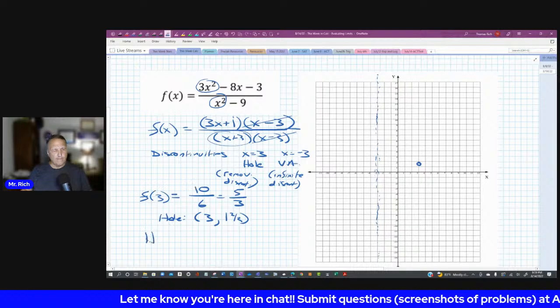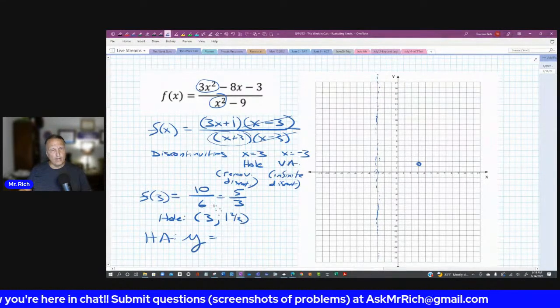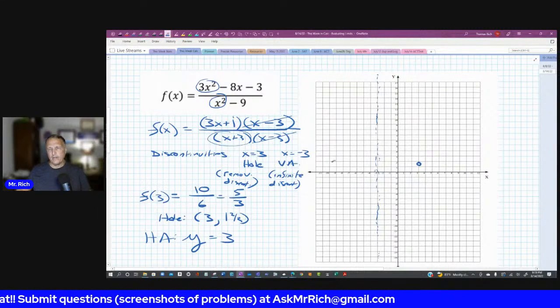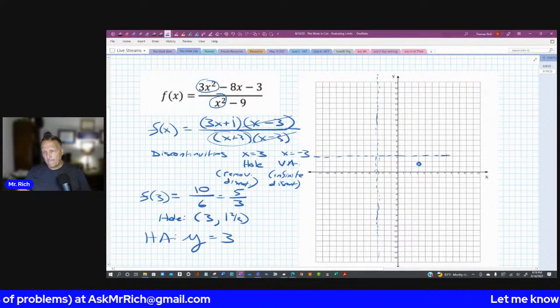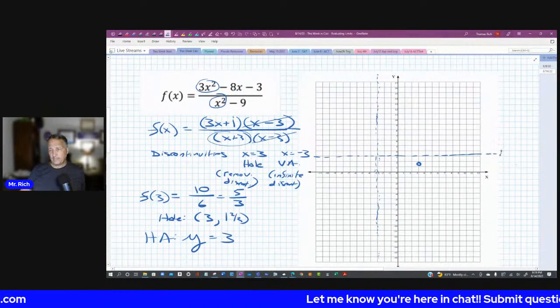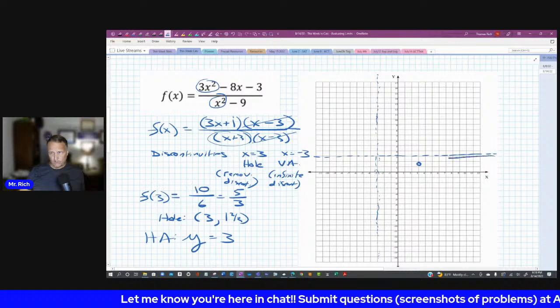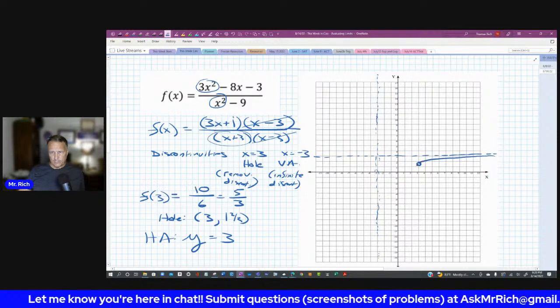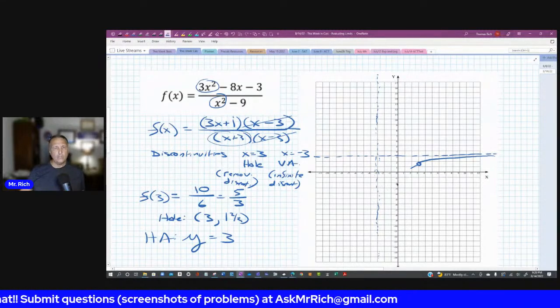So I do have a horizontal asymptote at y equals 3/1 or y equals 3. So now I have this. Now that tells me what's happening in this bottom right quadrant, that this function is coming down here, passing through the hole, and then making its way down to the vertical asymptote.